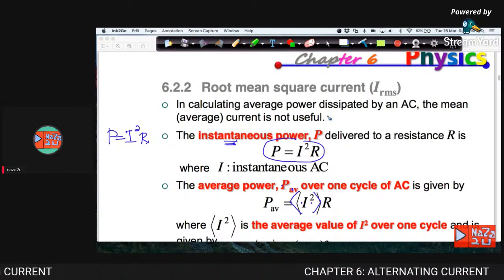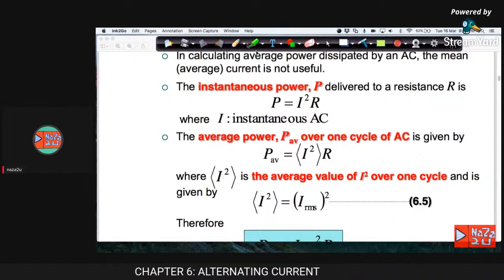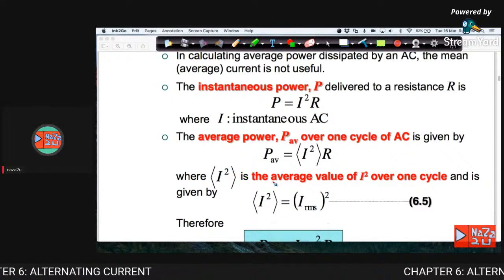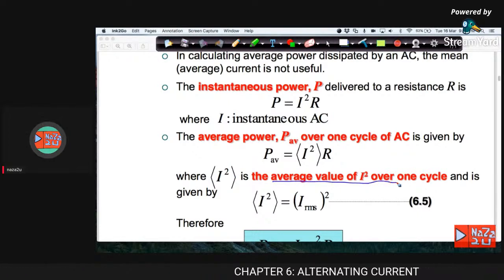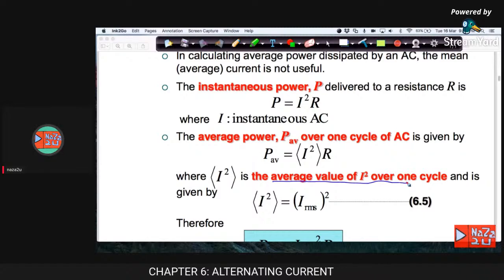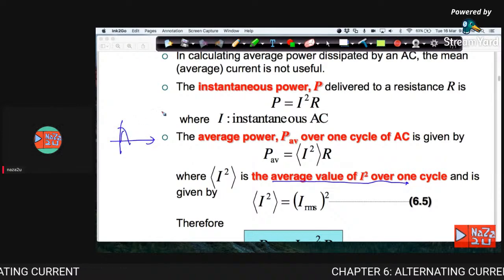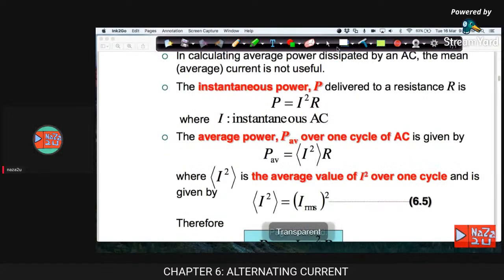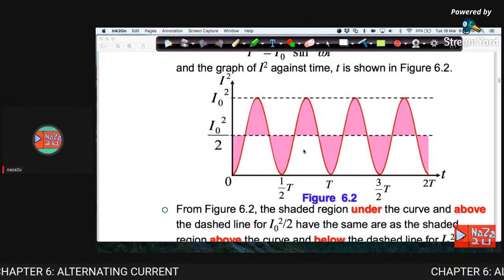So ini merujuk kepada lambang I square kat sini. Because kita merujuk kepada P average, so I square kat sini yang dalam kurungan ni adalah average value of I square over one cycle. Tapi kat sini kalau kamu tengok dia square, okay, kita mau tengok graph ni.